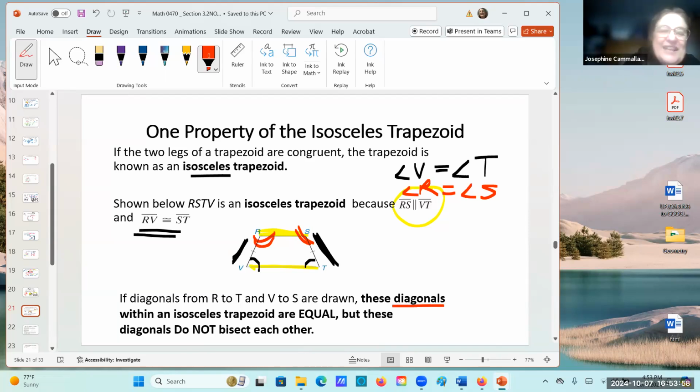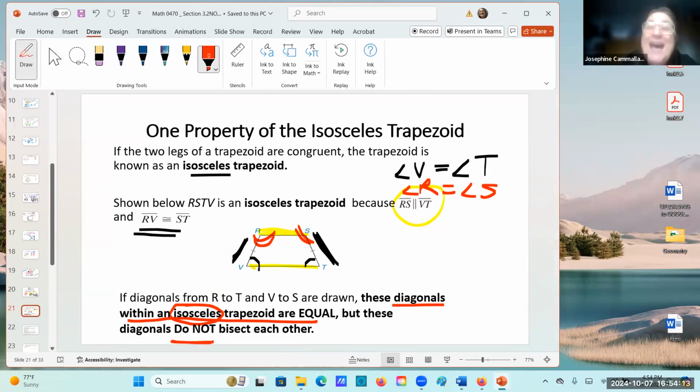And the diagonals within an isosceles trapezoid are equal, but they do not bisect each other.